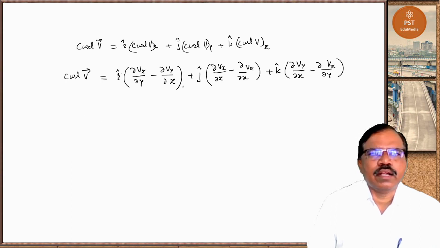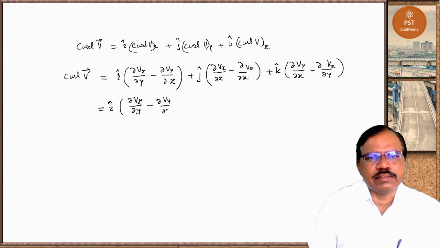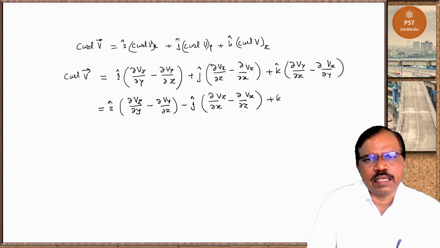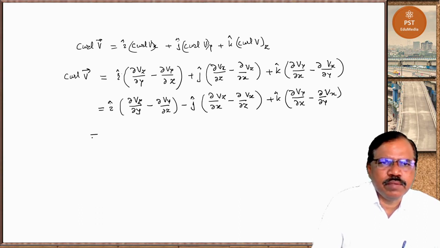So here now you can write this as i (∂Vz/∂y minus ∂Vy/∂z). I can take the minus sign out, so we'll get ∂/∂x of Vz minus ∂/∂z of Vx, plus k times ∂Vy/∂x minus ∂/∂y of Vx.